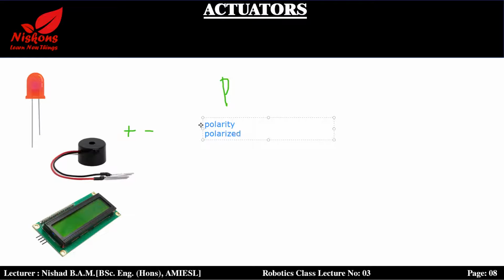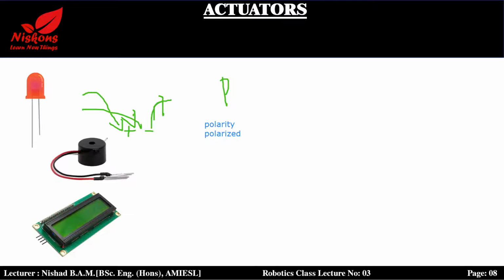Polarity means the buzzer will work only if we connect the positive terminal to the positive and the negative terminal to the negative of the battery. If we connect it the other way around, it will not work. That is called polarity.